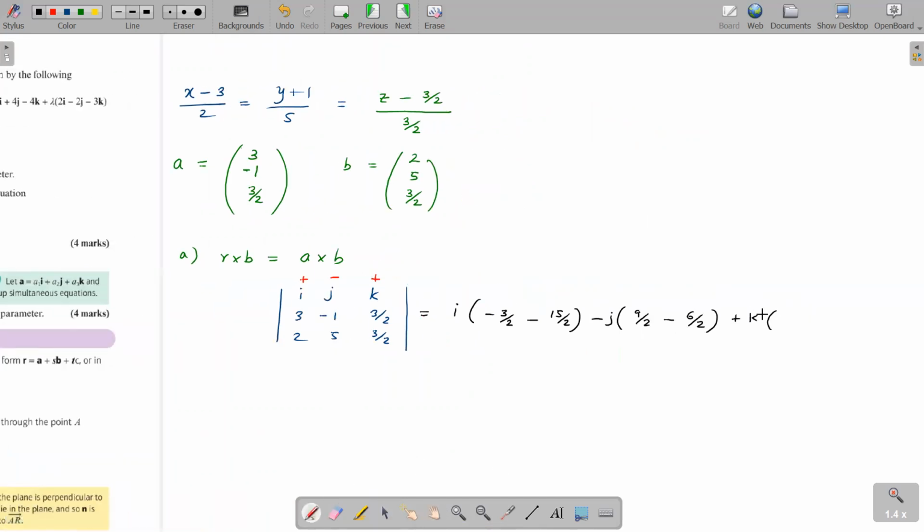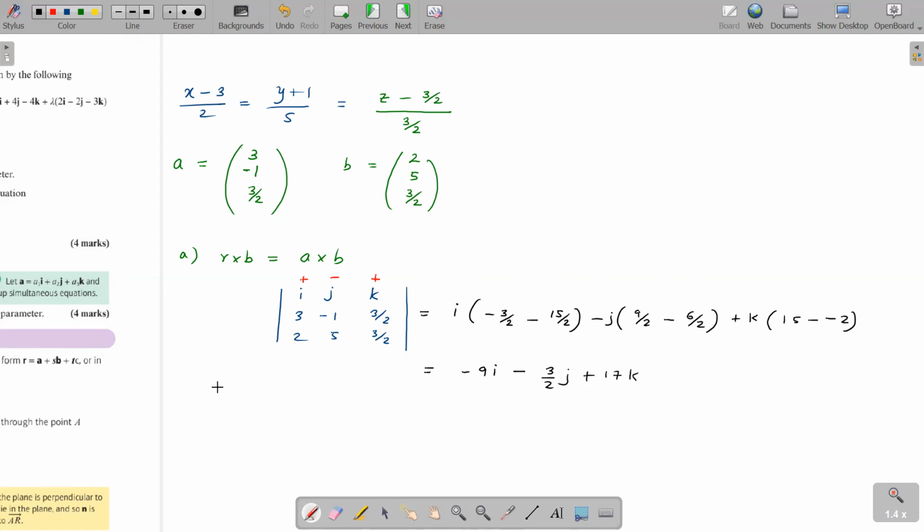Plus k times 3 times 5 is 15. Minus 2 into minus 1 is minus 2. How much do we get here? Minus 9i, then minus 3 over 2j and here 17k.